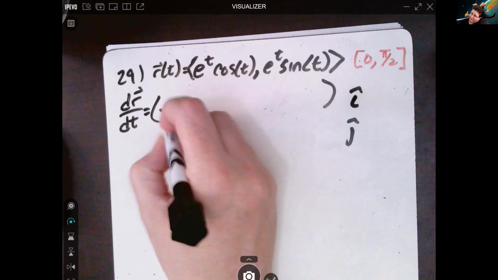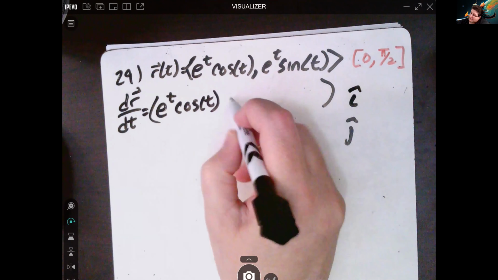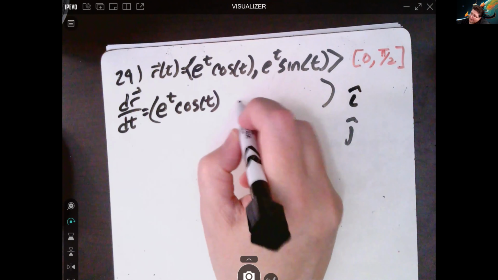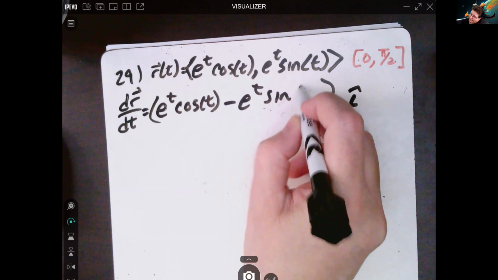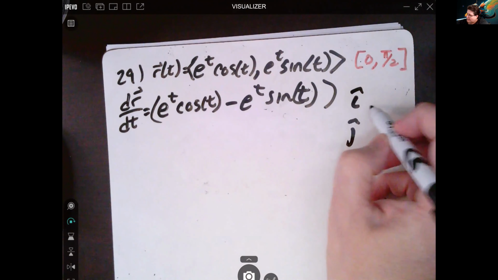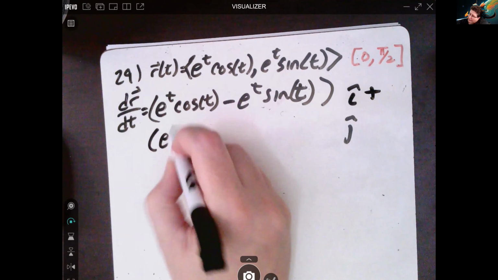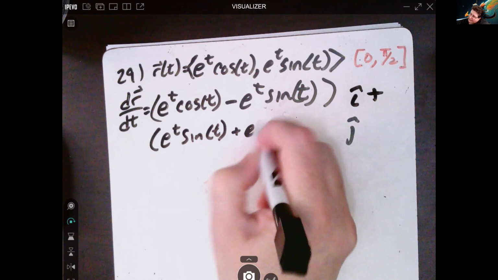I always do the derivative of the first one first. We have a product rule here, right? And then I take the derivative of the second. The derivative of the second is sine, negative sine. So we've got negative e to the t sine t. That's my i hat component, and then j hat will be e to the t sine t plus e to the t cosine t.